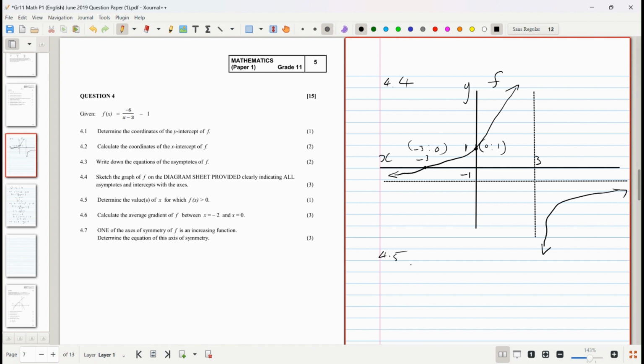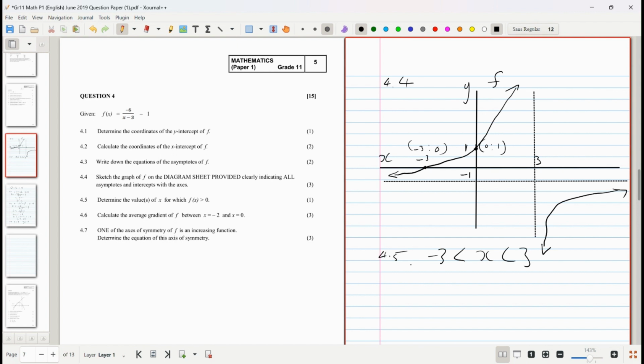4.5 will have -3 less than x less than 3. So -3 is not included because the graph doesn't touch, it just approaches -3 here.